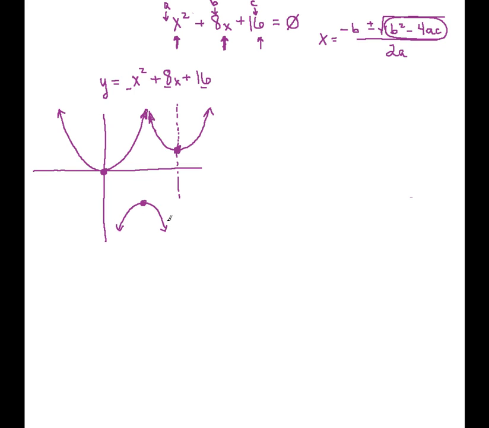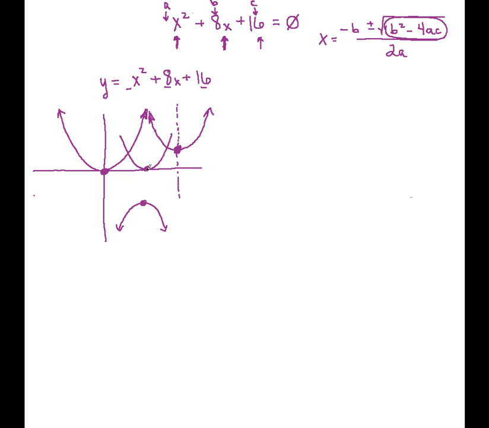In this situation, the parabola never crosses the x-axis. In this situation, the parabola also never crosses the x-axis. All of the y values are positive over here, and all the y values are negative over here. With our first parabola, the vertex is exactly at the origin, so there's only one place where it crosses the x-axis. Same for this parabola right here.